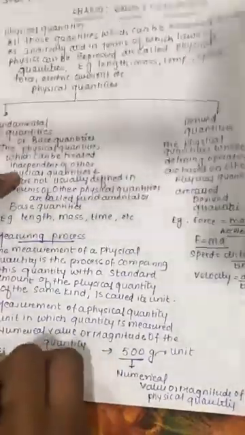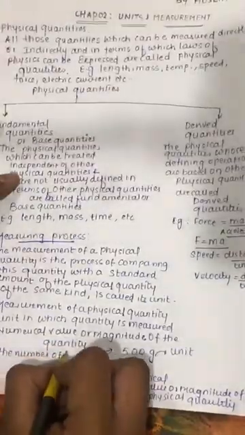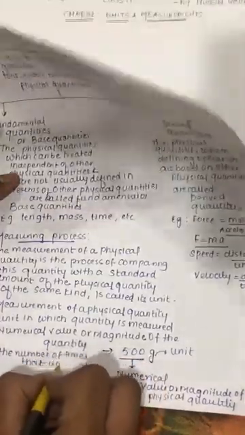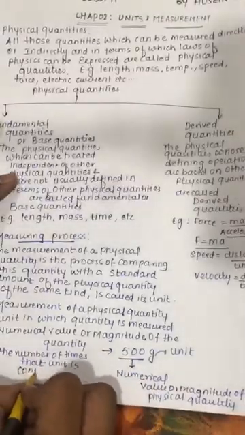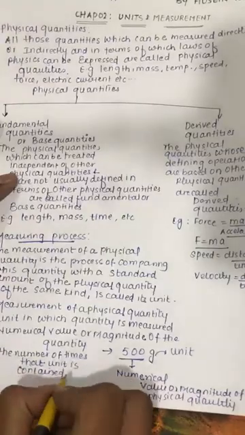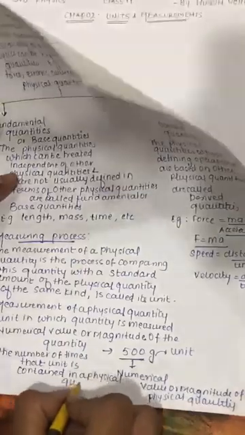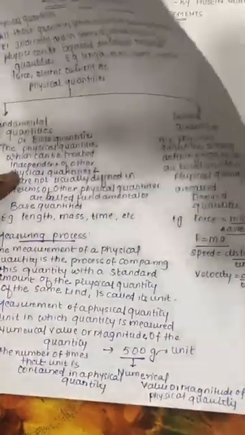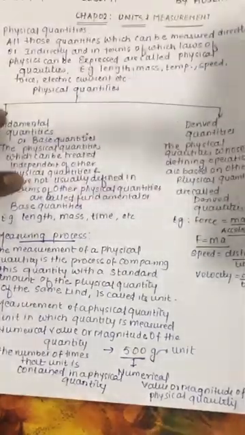The number of times that unit is contained in a physical quantity. From this example you can identify that 500 grams means 500 times this gram unit is contained in that quantity, that is why it weighs 500 grams. Clear?